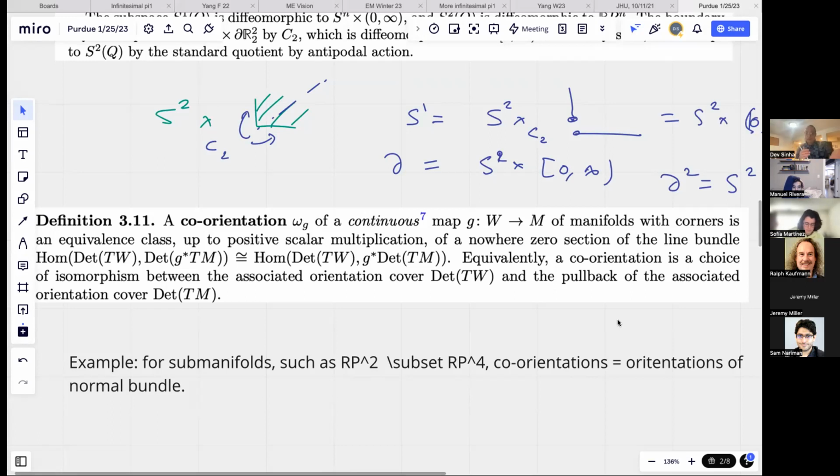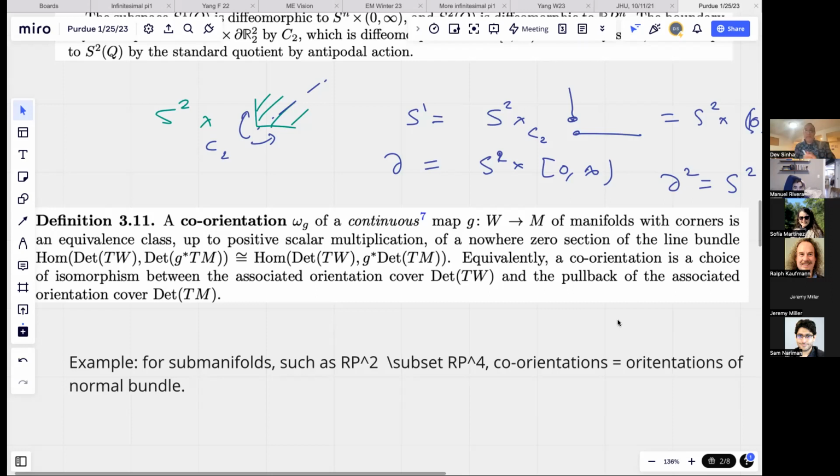The connection with this definition is, if I've got an orientation of the normal bundle and then a chosen orientation of the submanifold, I get an orientation of the whole manifold. So that's relating those two orientations through appending the orientation of the normal bundle. That generalizes.